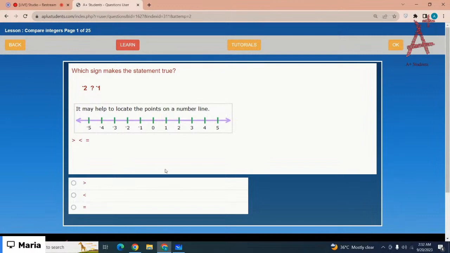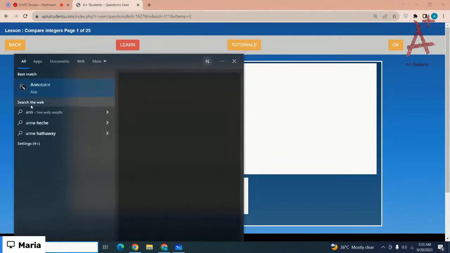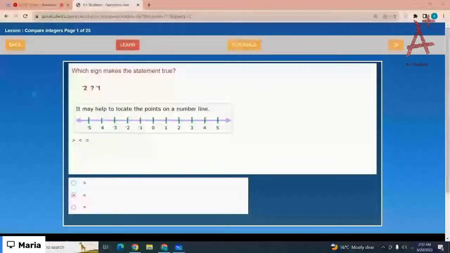Negative 2 is less than negative 1, right? How? Because if you look at the number line, negative 2 is farther from 0 than negative 1. Less than it is, not greater.